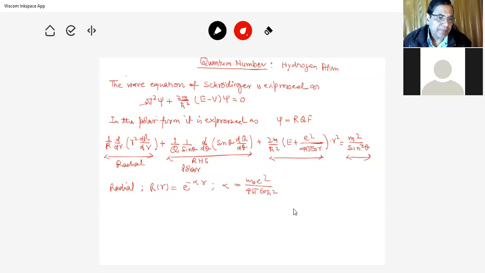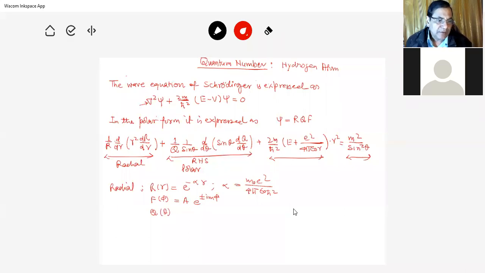And then F of phi is equal to A e raised to the power plus minus i m phi, and here it is Q.